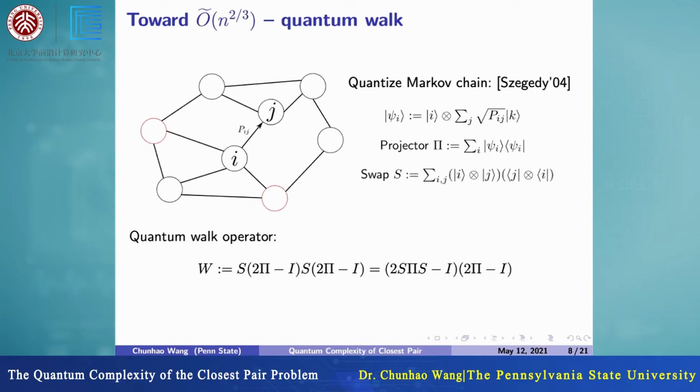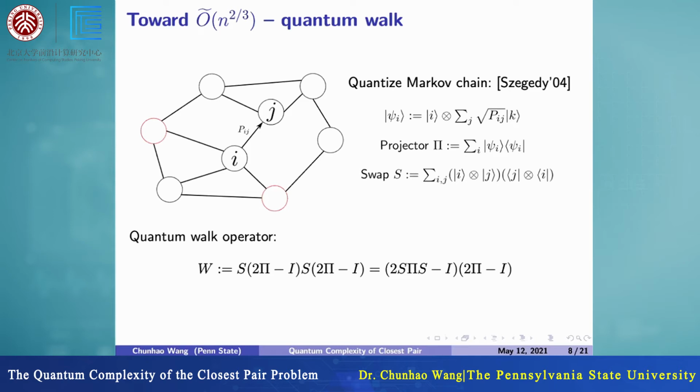The most important thing to analyze a Markov chain is to analyze its spectral gap. We also need something like a spectral gap for this quantum walk operator, but it will take another lecture, so I won't do this. I will just show you what the quantum walk operator looks like, and the quantum walk search is based on this.